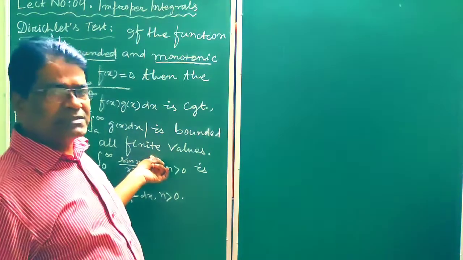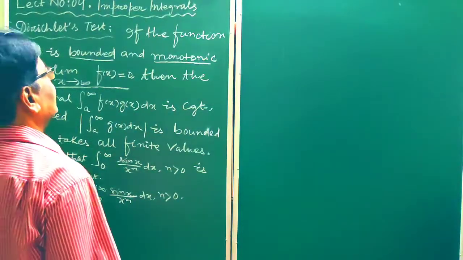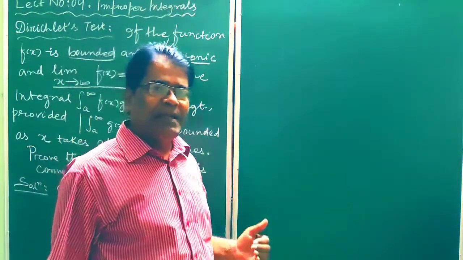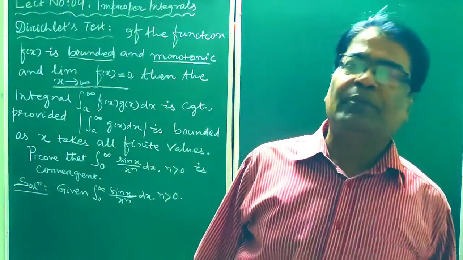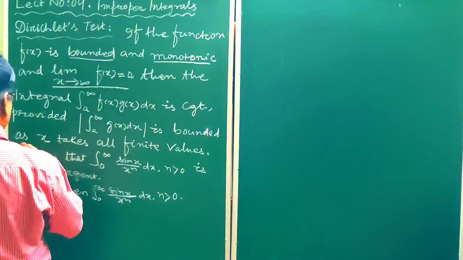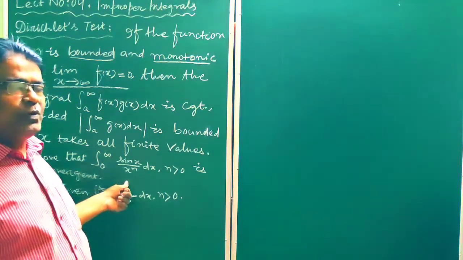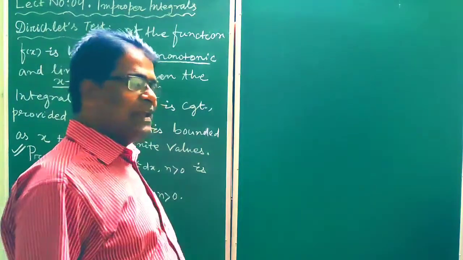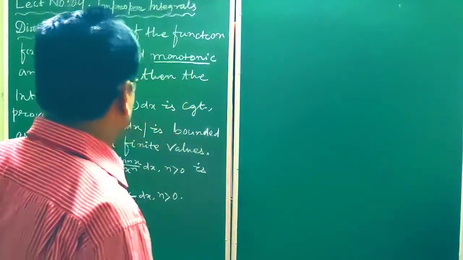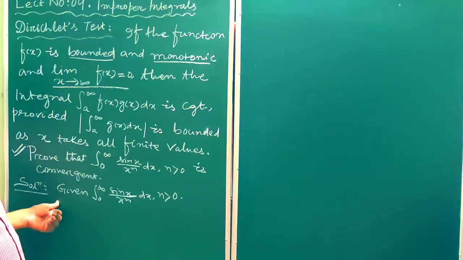So let us solve a problem applying this Dirichlet test, by which the idea behind this test will be more clear to you. So the question is: prove that the integral from 0 to infinity of sin x by x to the power n dx, n positive, is convergent.